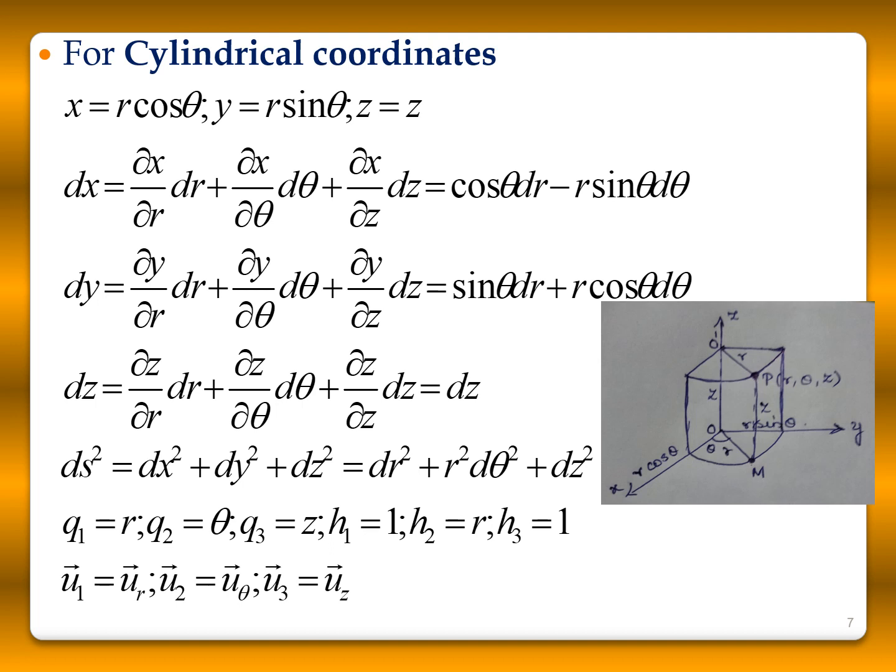Then we get dr squared plus r squared d theta squared plus dz squared. So from this we find H1 is 1, H2 is R and H3 is 1, and Q1 is R, Q2 is theta and Q3 is Z, and the unit vectors along these are U R vector, U theta vector and U Z vector.